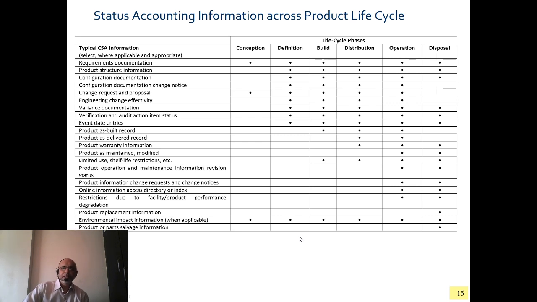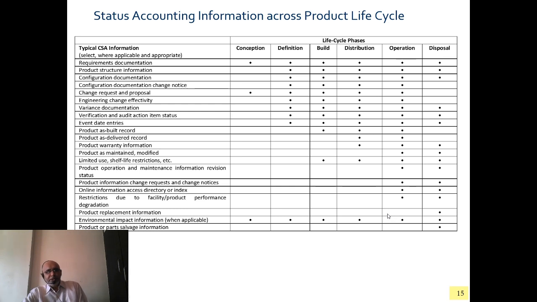Now you can see that in the operation phase you require almost everything. I am saying almost everything except product replacement information. Okay, probably you will not wish to have your product replaced by something else.